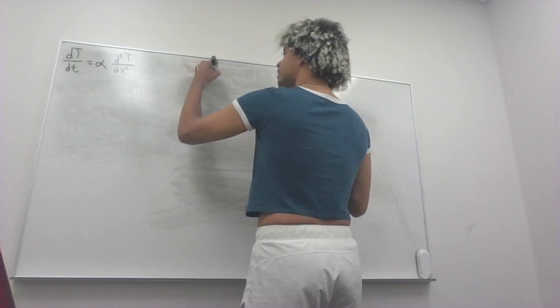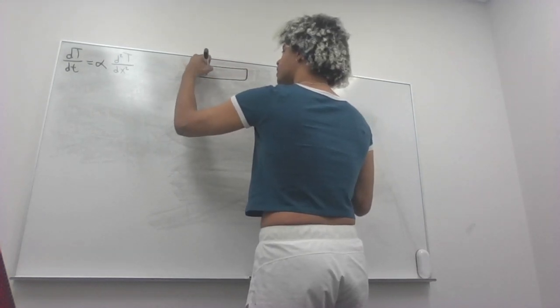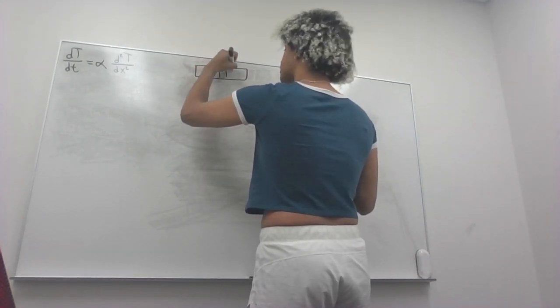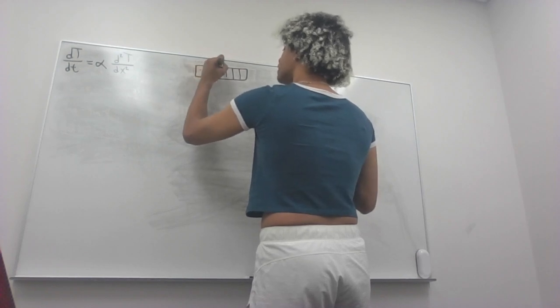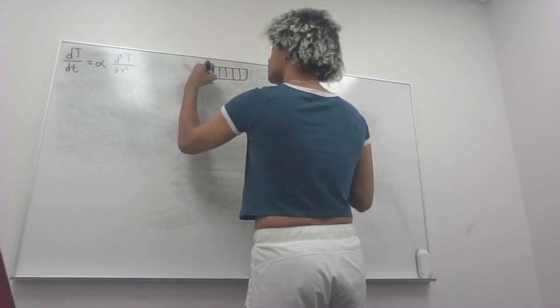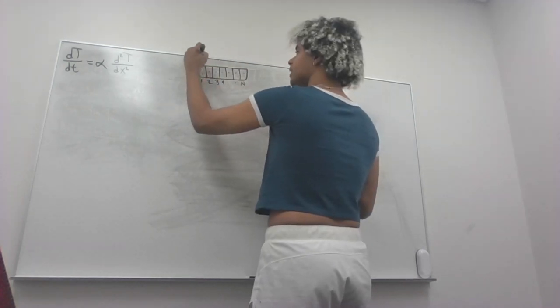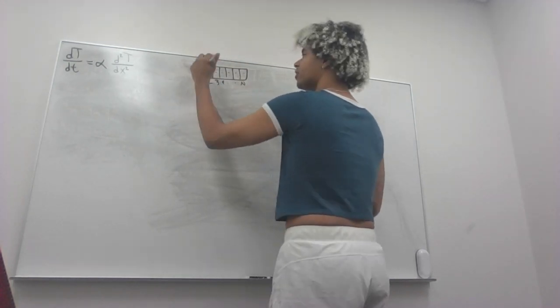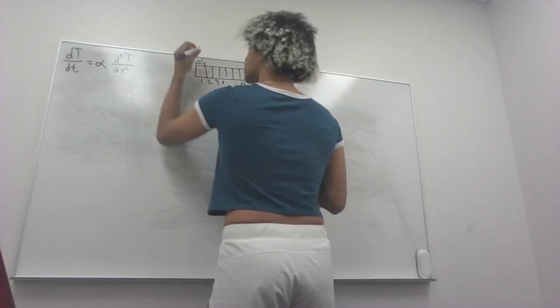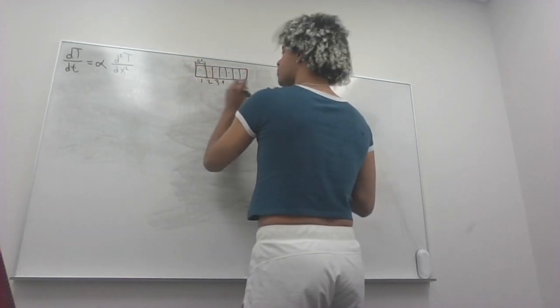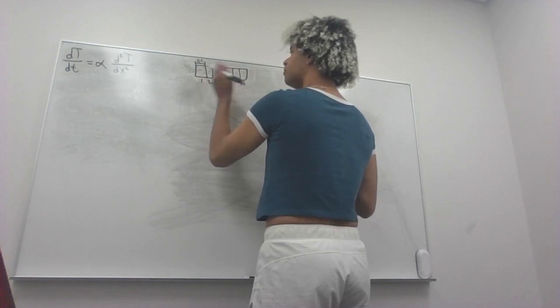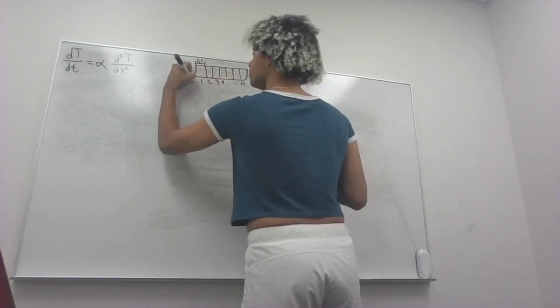If we have a bar and we split it up into a bunch of sections, we have 1, 2, 3, 4, dot, dot, all the way until n. Each little section is going to be the change in x, and any one of these positions, or each one of these boxes or sections, is going to be j.